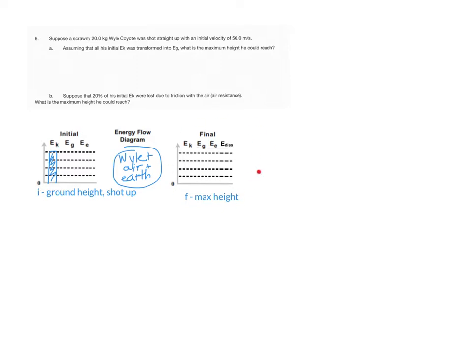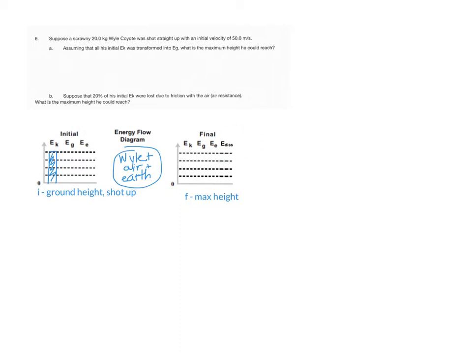And then in our final energy, Wiley at max height will have stopped for that instant, so there won't be any kinetic energy. That energy will have turned into gravitational potential energy, but some of that energy is lost. It's dissipated due to air resistance.